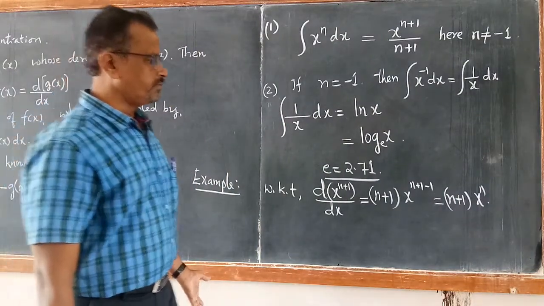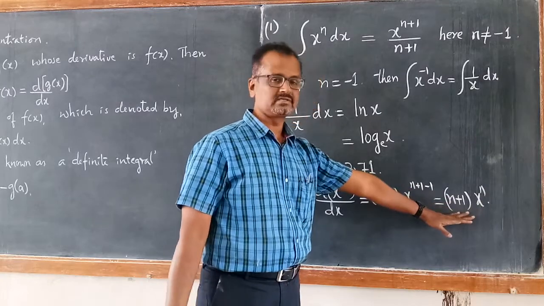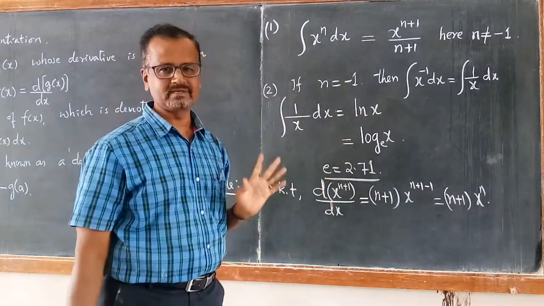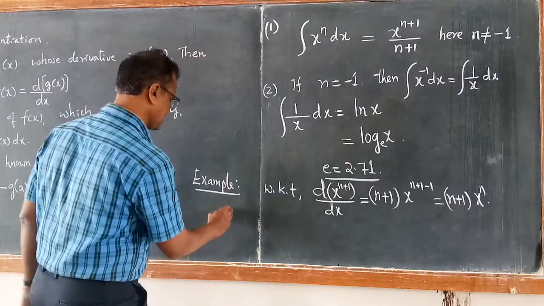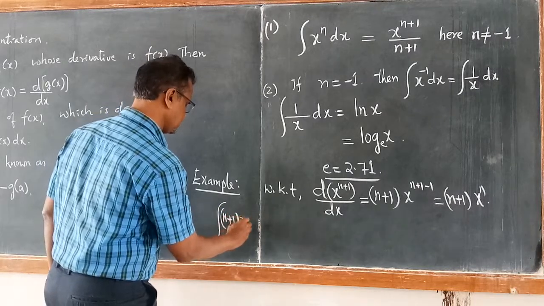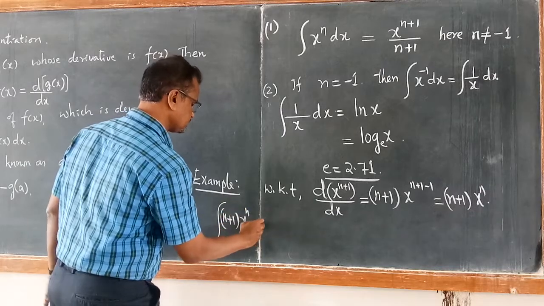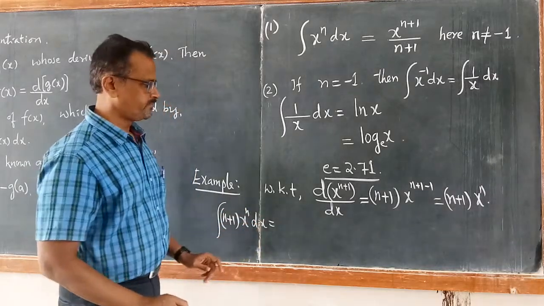Now, if we do the integration of this, we will get the result x to the power n plus 1. Let us see. Integration of n plus 1 into x to the power n dx. With respect to x, we write it as dx.